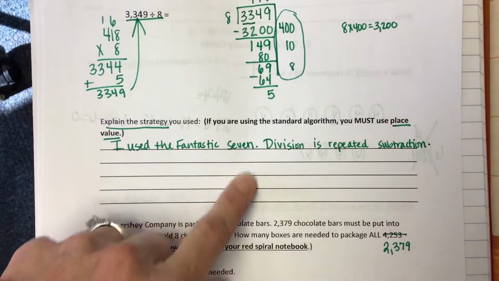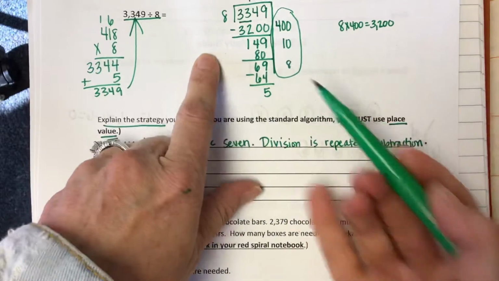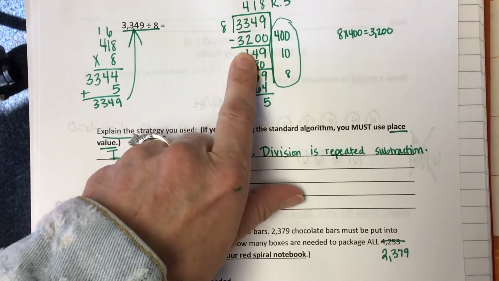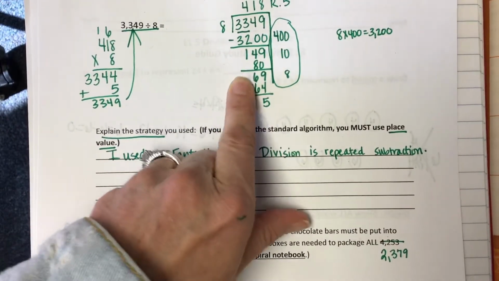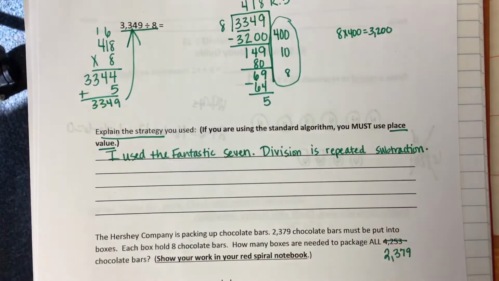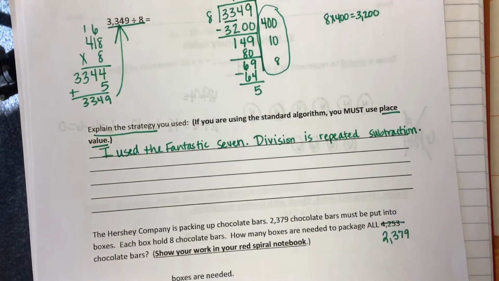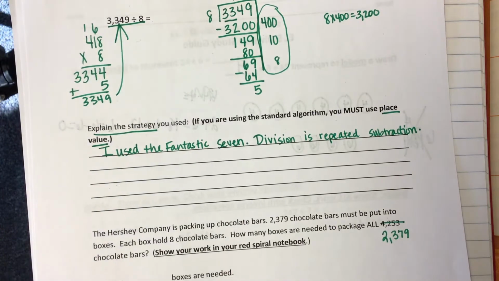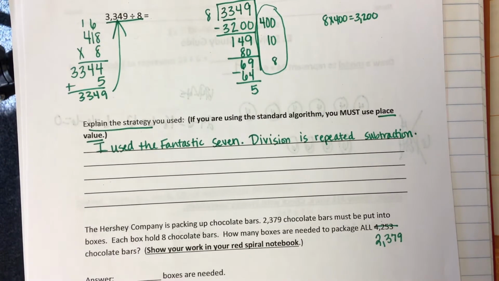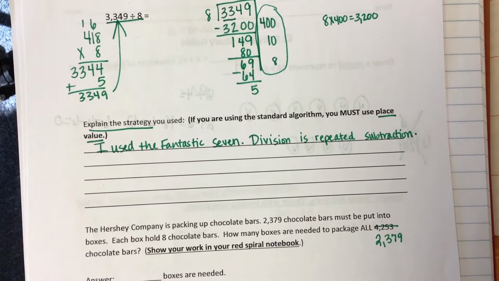So we know that I could literally take 3,349 minus 8, minus 8, minus 8, 418 times. And I would get the same answer. Okay, but that's goofy. So instead of subtracting 8 one at a time, what are we doing? What is that word we said when we use long division?